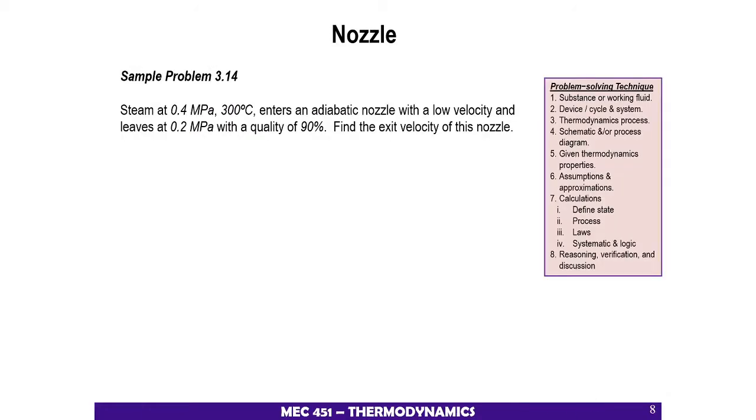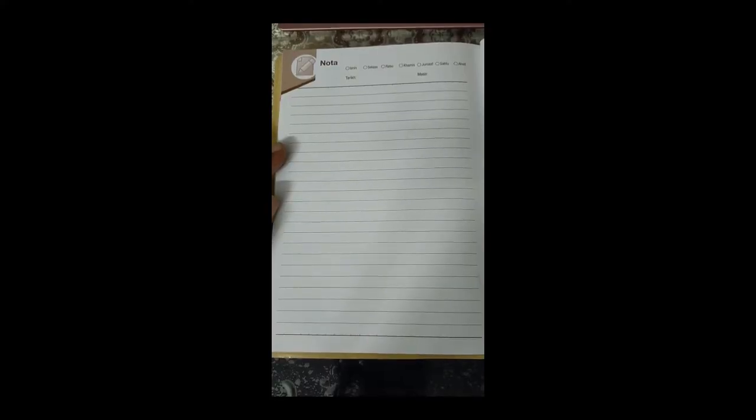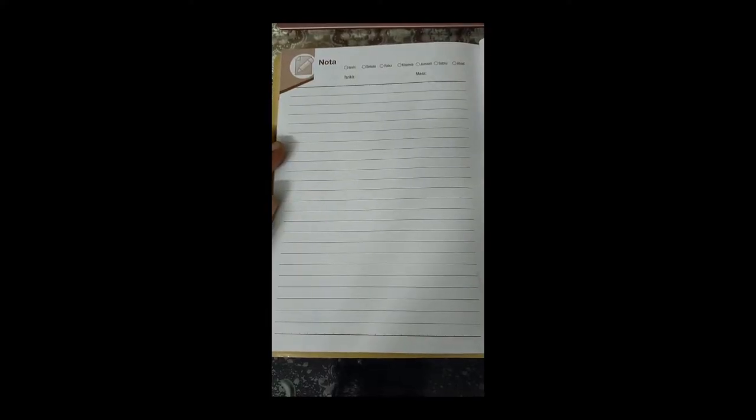Sample problem 3.14. Steam at 0.4 megapascal, 300 degrees Celsius, enters an adiabatic nozzle with a low velocity and leaves at 0.2 megapascal with a quality of 90%.